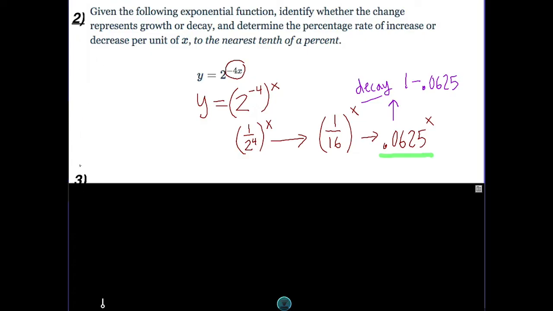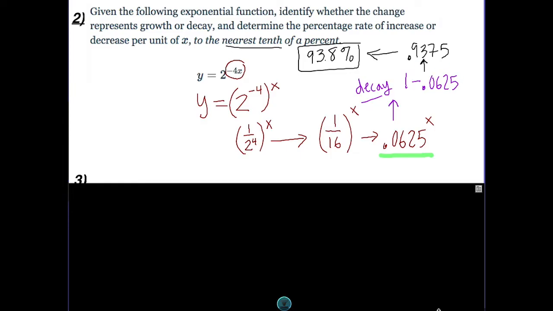If we round, we get 0.9375. We round to the nearest tenth of a percent, or 93.8%. Either multiply this by 100 or we're just moving the decimal places.